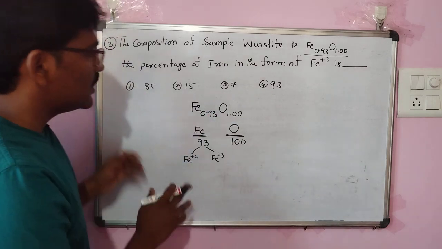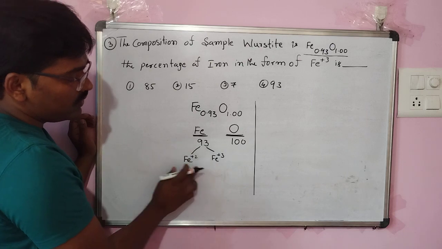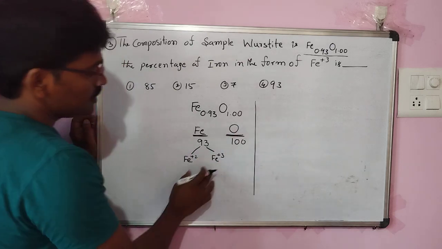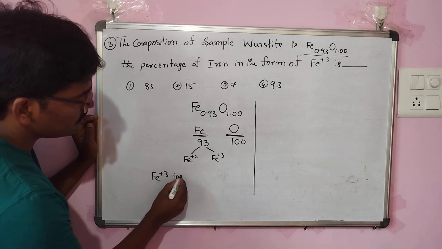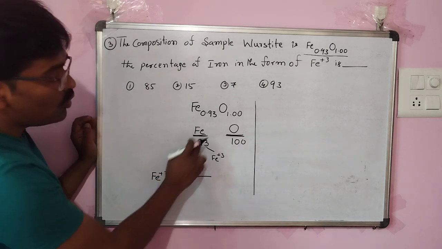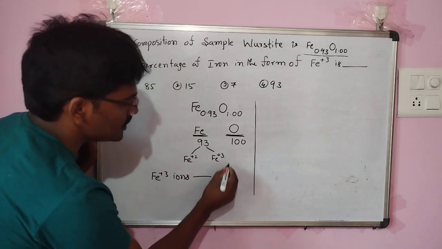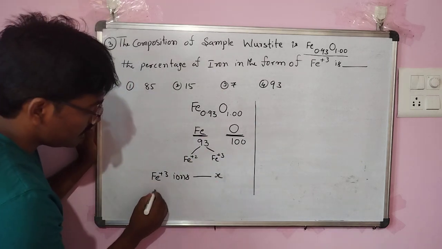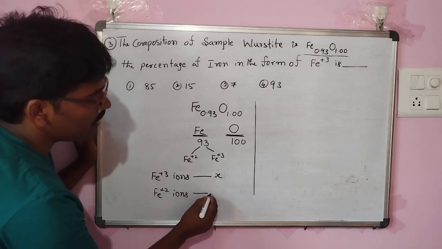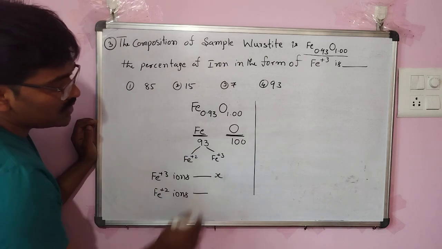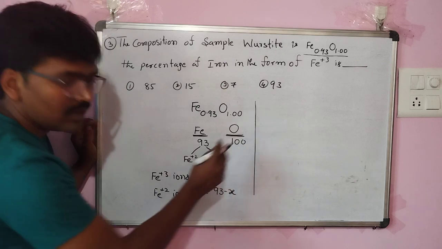So that is the reason here we are taking this. Now, Fe plus 3 ions, how many are there in the 93 atoms? We don't know. So you have to take it as X atoms. Then Fe plus 2 ions, how many atoms are there? We take it as 93 minus X.